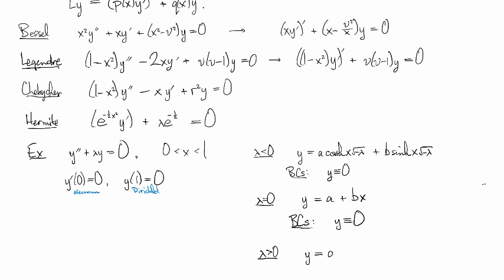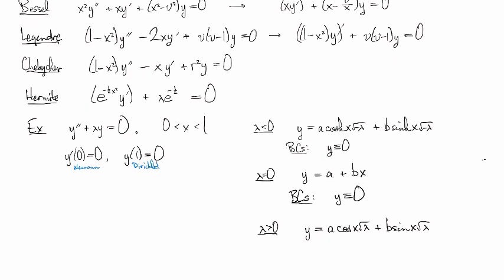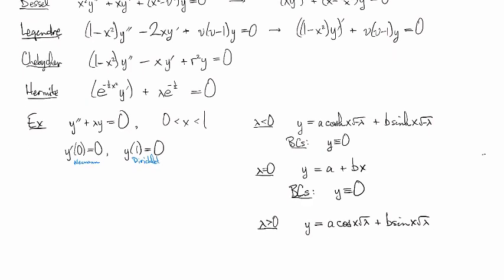And so here we're in the case when we've got a cosine x root lambda plus b sine x root lambda. And so let's see. We're going to need to evaluate the boundary condition of y prime. So if I differentiate this, I'll have minus a root lambda sine x root lambda and b root lambda cosine x root lambda.